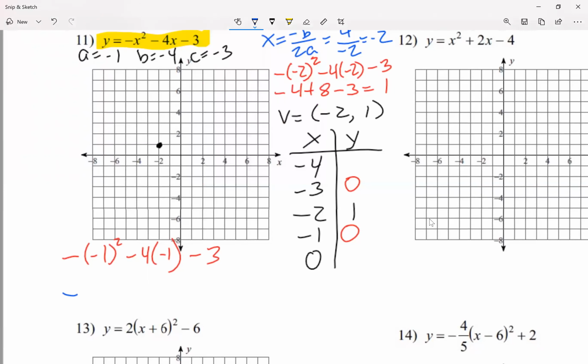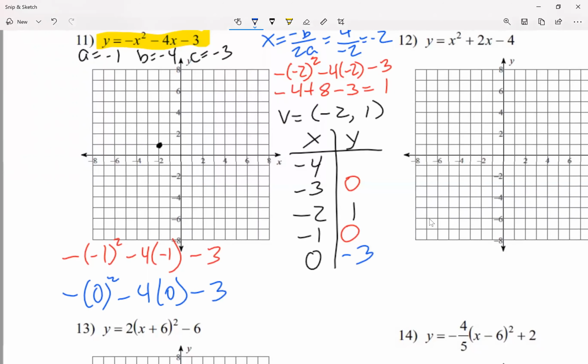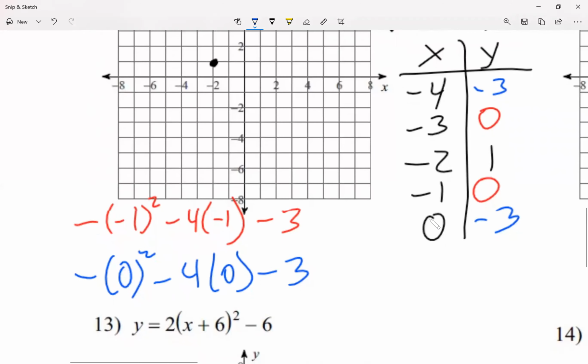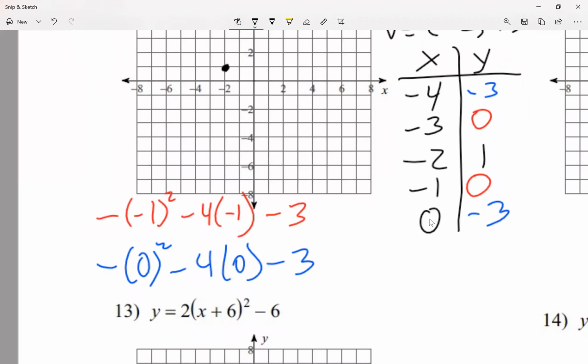So -0 squared minus 4 times 0 minus 3. So I get -0 minus 0 minus 3. So, okay, -3, -3. That was easy. Okay, let me zoom in. Let me get these points. So I have the vertex. I have -3, 0 and -1, 0.